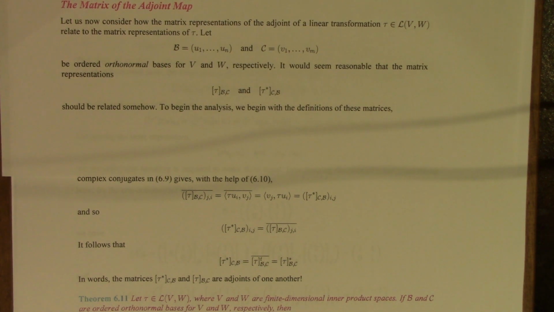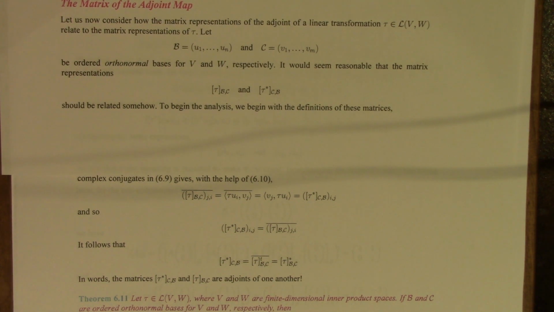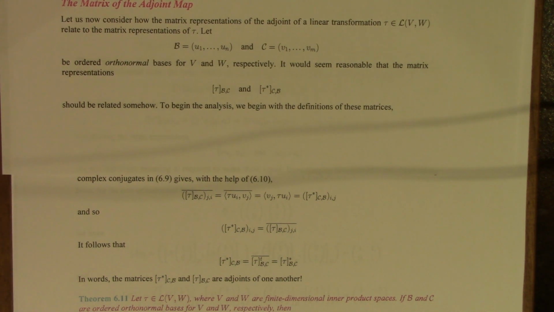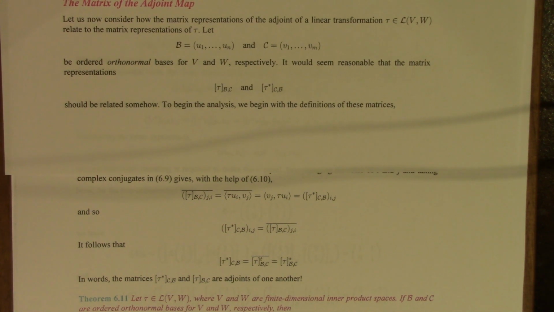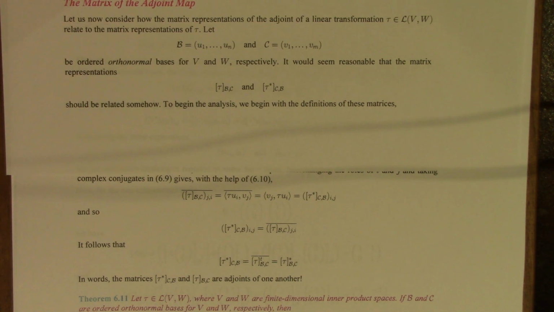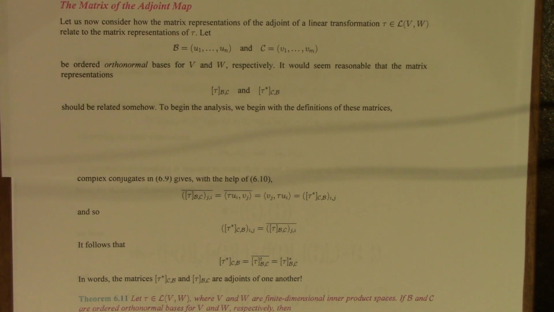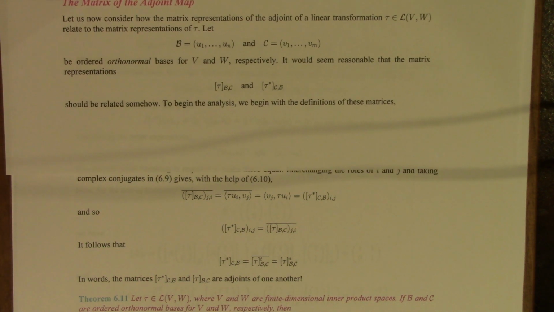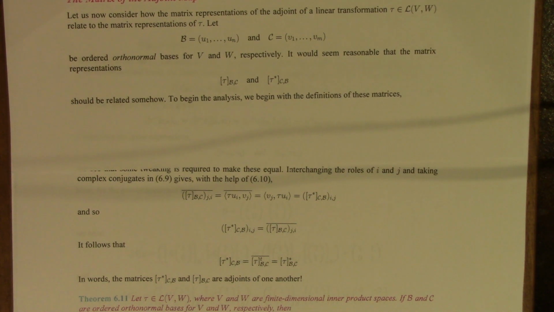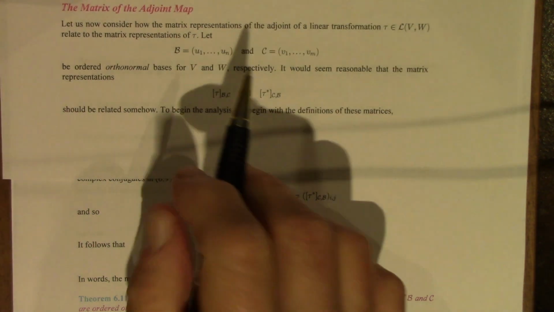The formula is not helpful in actually obtaining the adjoint. But one way to proceed would be to take the matrix representation of tau, find its adjoint, and hope that that will give you the matrix representation of the adjoint. And in fact it does, and here's how this works.